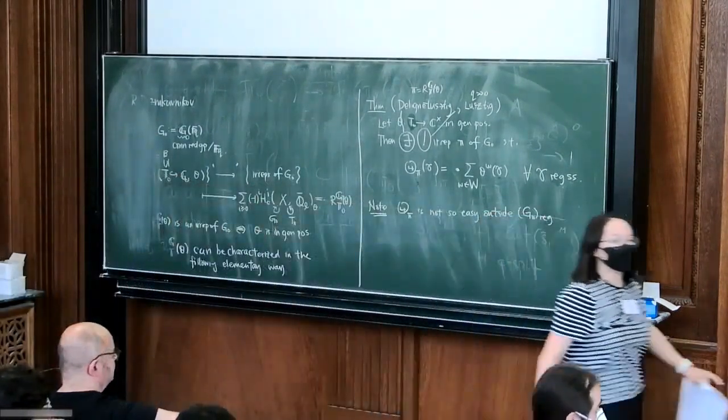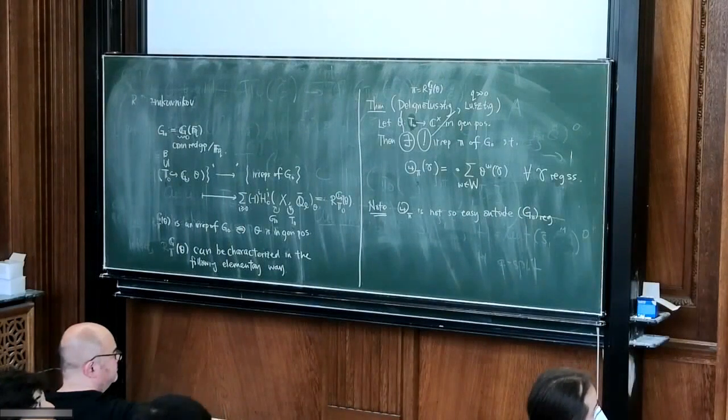So if L is not in general position, it will still be a perverse sheaf, but it will not be simple. I'm a little bit worried.